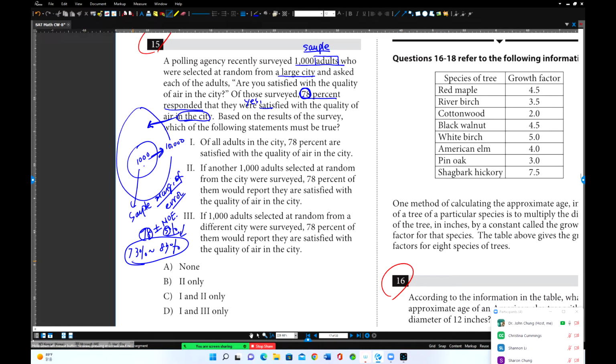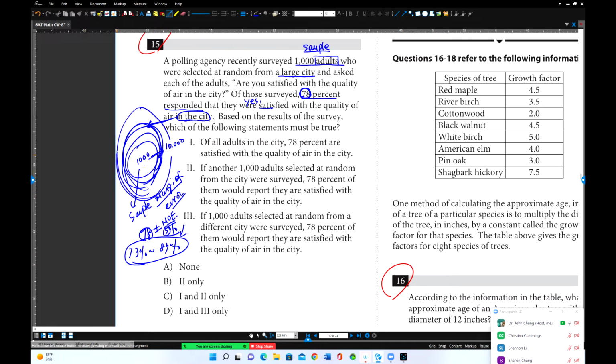That is wrong. If you have more samples, 2,000, 3,000, 4,000, the margin of error decreases from 5% to 4%, getting down.